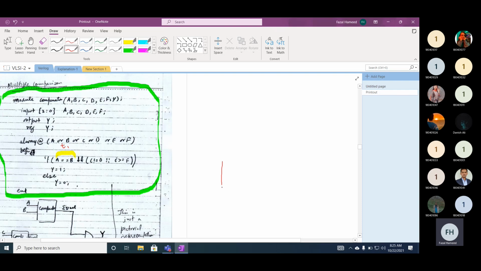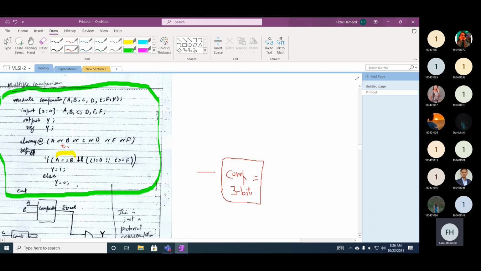So now you need a comparator. What type of comparator is this? Equal. It is an equal comparator. What is the size of this comparator? 3-bit. So it is a 3-bit equal comparator. What are the inputs to this comparator?